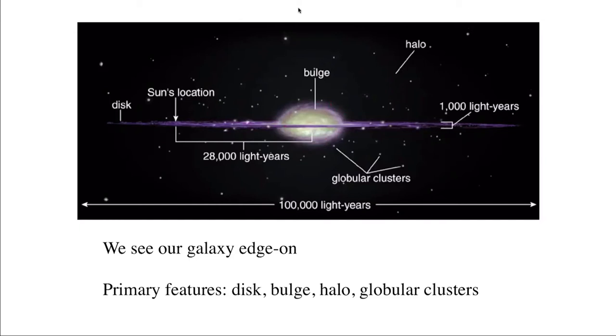And you've got the halo of the galaxy, which actually extends well beyond the limits of this image. And within that halo, there are objects like globular clusters that are denoted here by these dots.